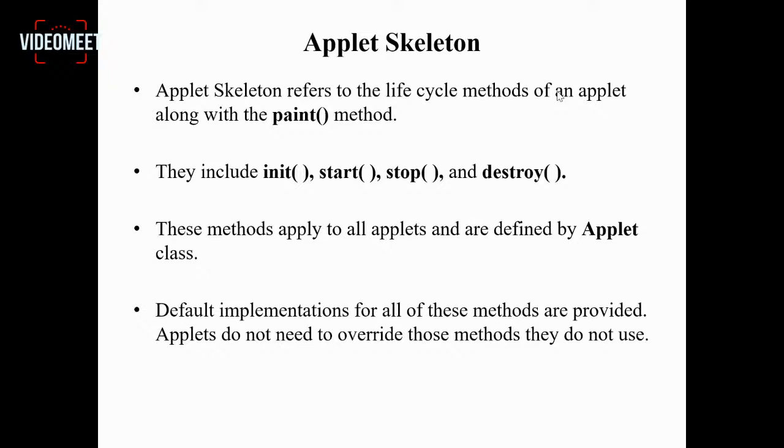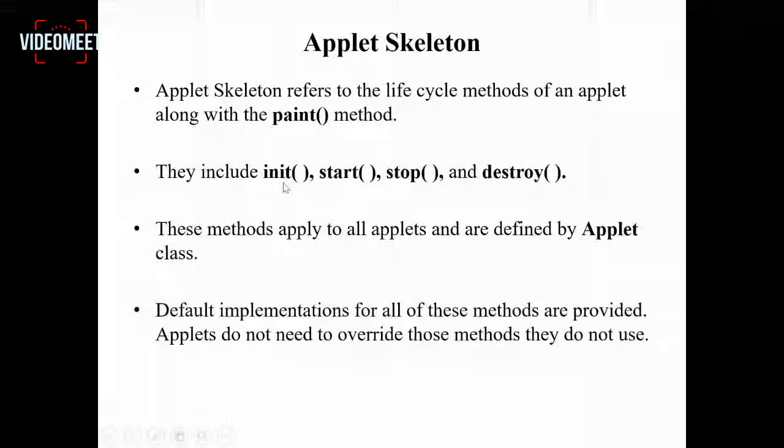Then when you click on the maximize icon and open it, again it gets started, and the paint method repaints the same code again on the screen. And finally, when you close that applet window by clicking on the cross mark on the top right corner, the applet gets destroyed. So this is how these 5 different methods get executed one after the other.